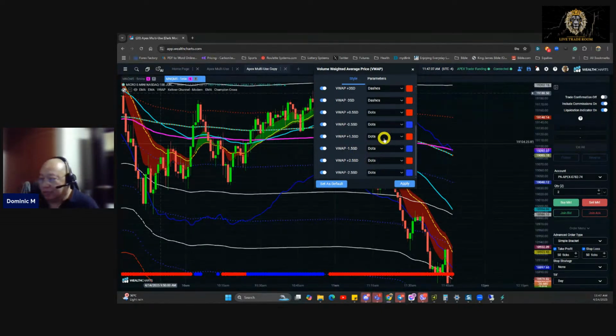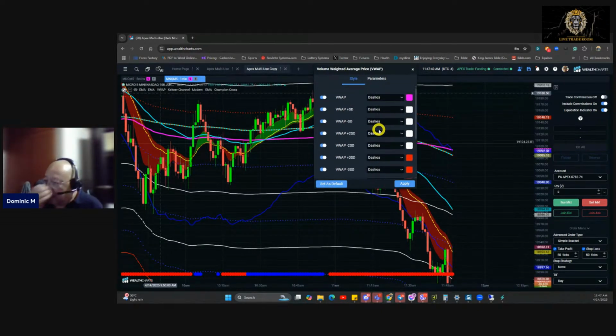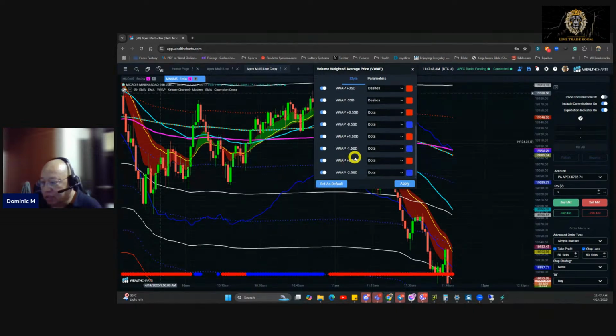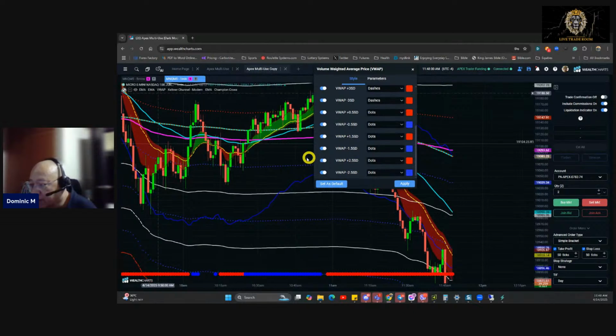You can set that. The ones that I have solid, the +1 deviation, +2 deviation, -1, are dashes. The in betweens, like 1.5 and 2.5, are dots. Those are the in between ones.